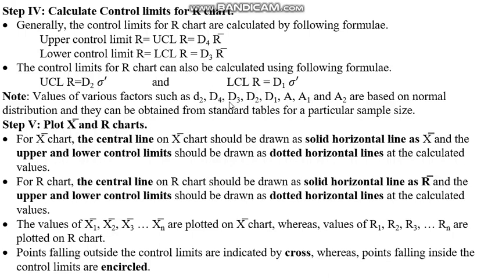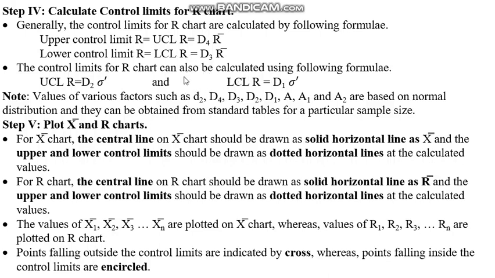See here, it is written that the values of various factors like small d2, capital D4, capital D3, capital D2, capital D1, A1, A2 are based on normal distribution, and they can be obtained from standard tables for a particular sample size. Here is one formula given for the upper control limit and lower control limit, and this is another formula. So for the range also, two formulas are given for the control limits.